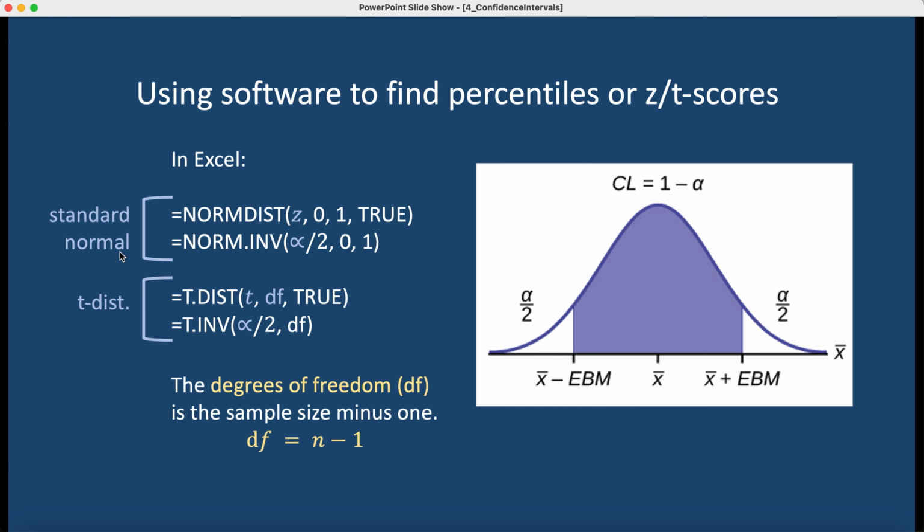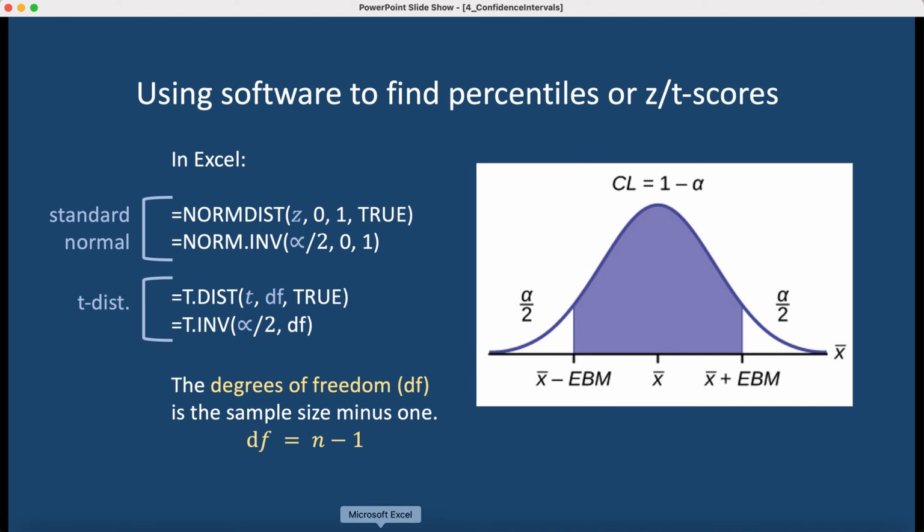If you have a standard normal distribution, you can use these functions in Excel to either find the proportion or find the z-score, depending on what you need. By default, it's using left tail probabilities.